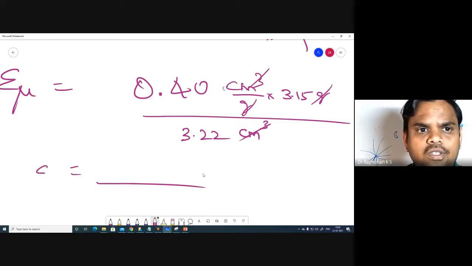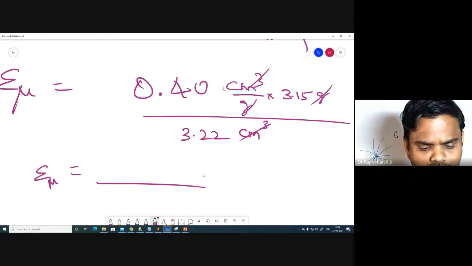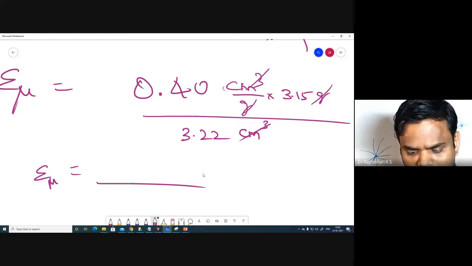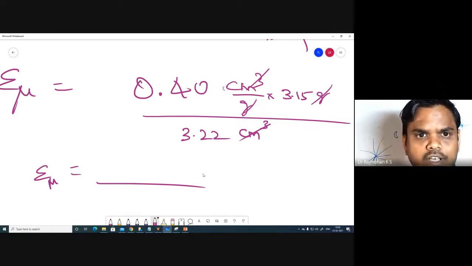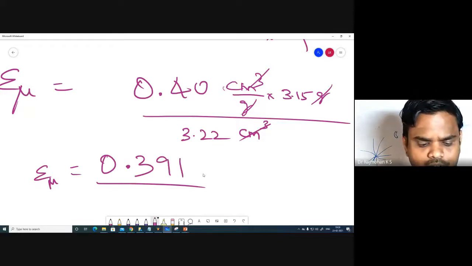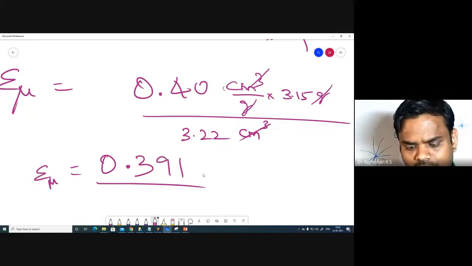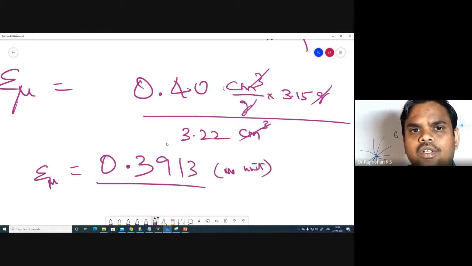We have a unitless epsilon mu value, which is 0.4 times 3.15 divided by 3.22. What is the value? I get 0.391. It is subject to verification by you, so please write what your answer is. It has no units.